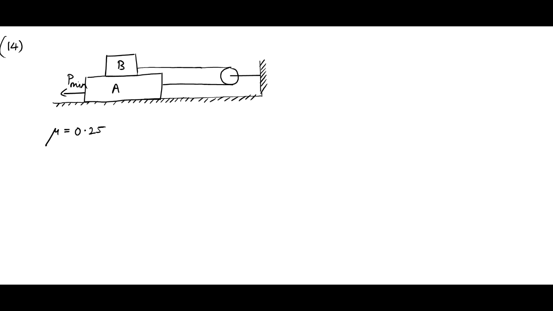Now you must visualize how the system will move. When you apply the minimum force or something larger than the minimum force over here, then block A will actually move towards the left, and block B will slide on top of block A, and to an observer on the ground, block B will appear to move towards the right.